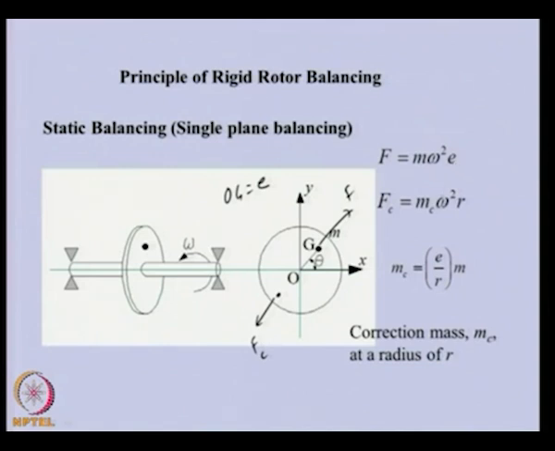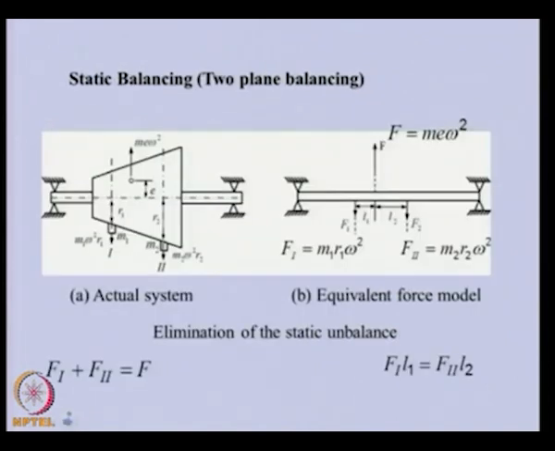If we equate these two forces, the correction mass will be given by this expression. By this we can obtain the correction mass in single plane balancing, which we call static balancing, because in this case we need not rotate the rotor at high speed.